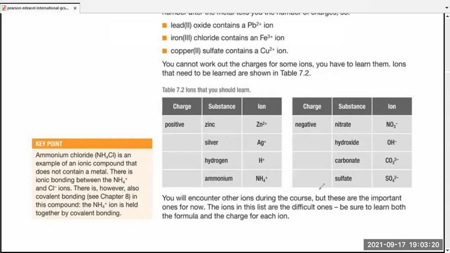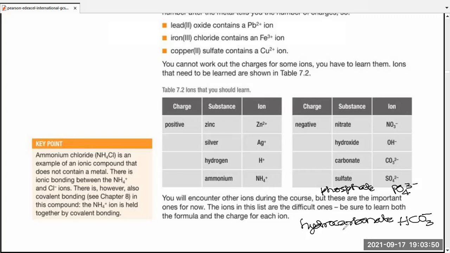We might need phosphate ions, which are PO₄³⁻, and hydrogen carbonate ions. These are pretty much similar to carbonate ions. The only difference is that they have a hydrogen attached, which also changes the overall charge. Hence, the formula comes out to be HCO₃⁻.